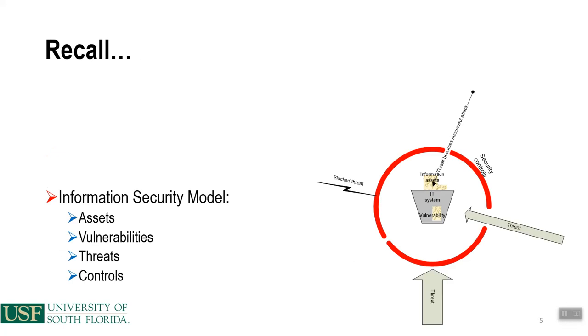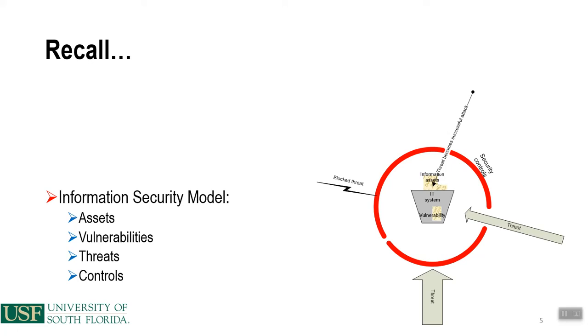So remember, throughout the class, we've been talking about this information security model, and we've talked about how it has 4 different components in it. Within an IT system, there are information assets that are being stored, and then there are vulnerabilities that are associated with that particular IT system.